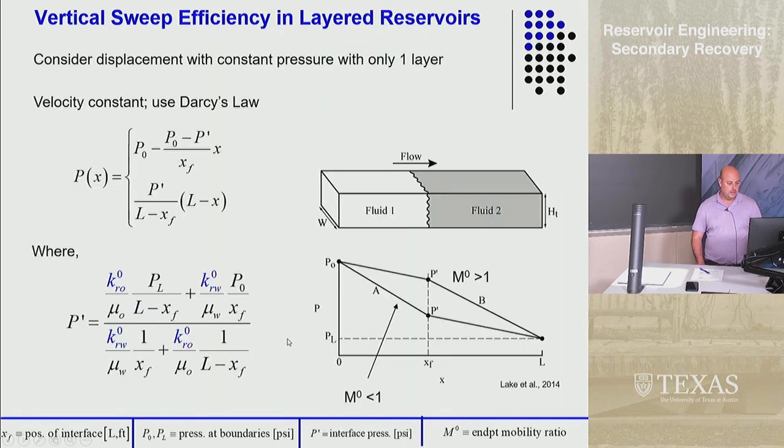So again, you can mathematically plot these. I could give you a position XF and an endpoint mobility ratio, those types of things, and then you could plot it up. What I'm more likely to ask you to do on a final exam is to sketch it, where there's not an exact right answer, but there's qualitatively a right answer, which is what I'd be looking for.